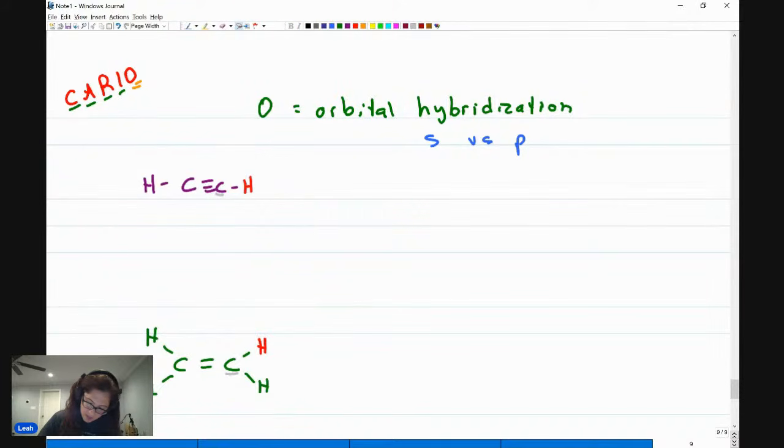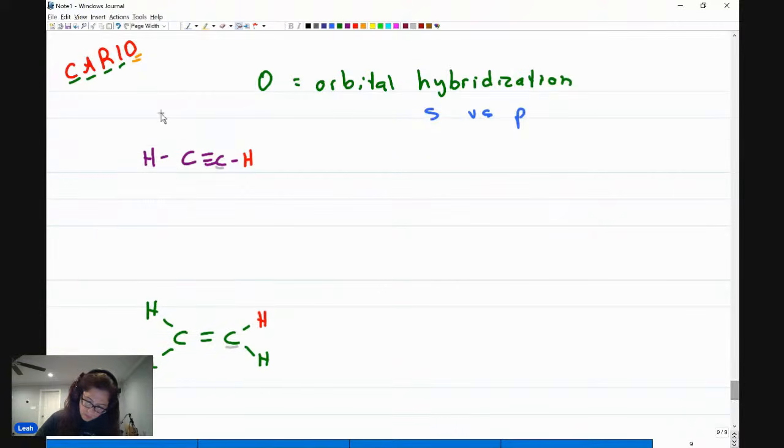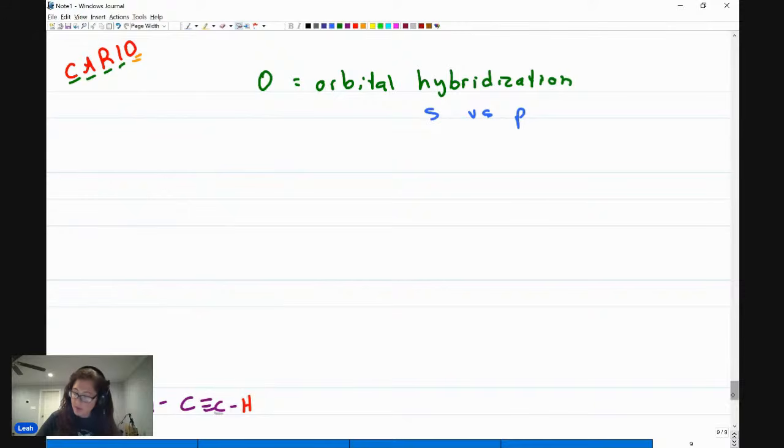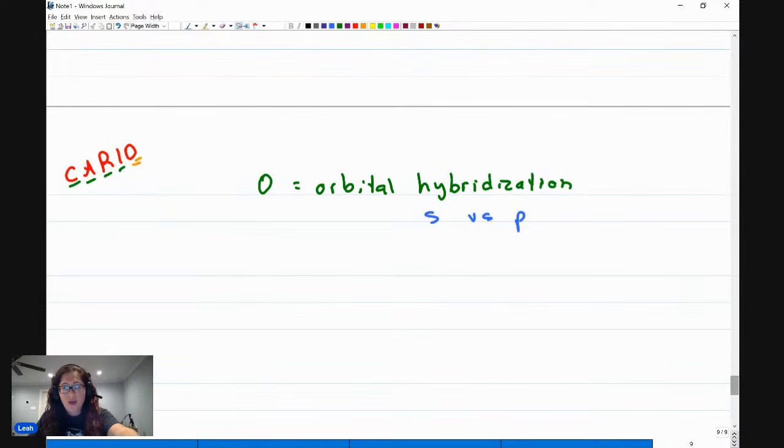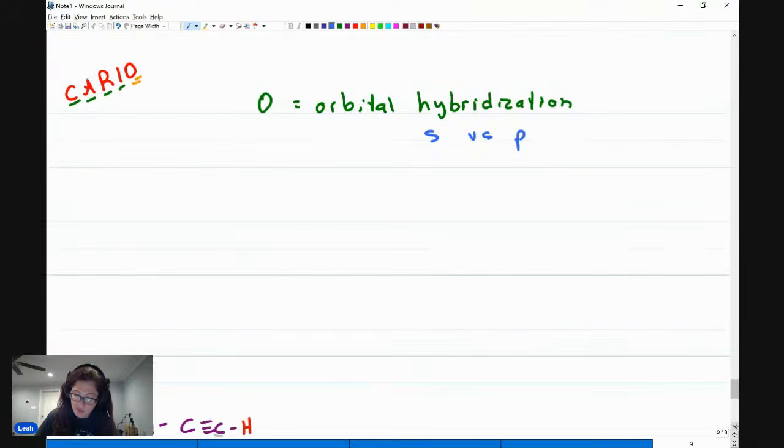Come on. Why is it not letting me do that? There we go. All right, let's move this down and let's talk about the hybridization for a moment. The technical explanation behind this is not something that I think is typically taught in organic chemistry. So I'm going to tell you how I think about it, and then you let me know if you find that helpful or not. But for me, this has never failed.